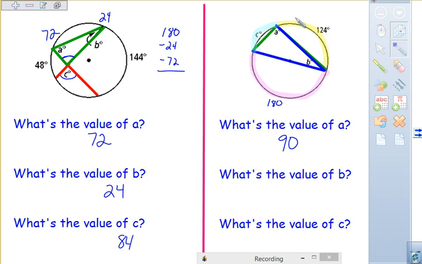Or I could remember that blue plus yellow is 180 for a semicircle. So 180 minus 124 is 56. So then to get our inscribed angle, we take half of our intercepted arc for 28 degrees. And then we found value C as 56.